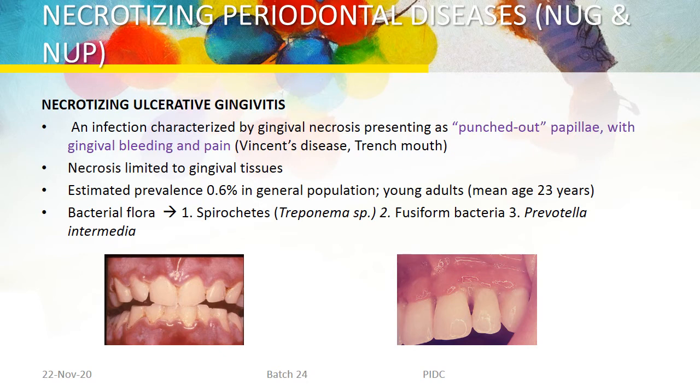When the necrosis is limited to the gingival tissues, it comes under the term necrotizing ulcerative gingivitis. It has an estimated prevalence of around 0.6% in the general population, with young adults being the main target population. The bacterial flora seen here are spirochetes, the Treponema species, as well as fusiform bacteria and Prevotella intermedia.